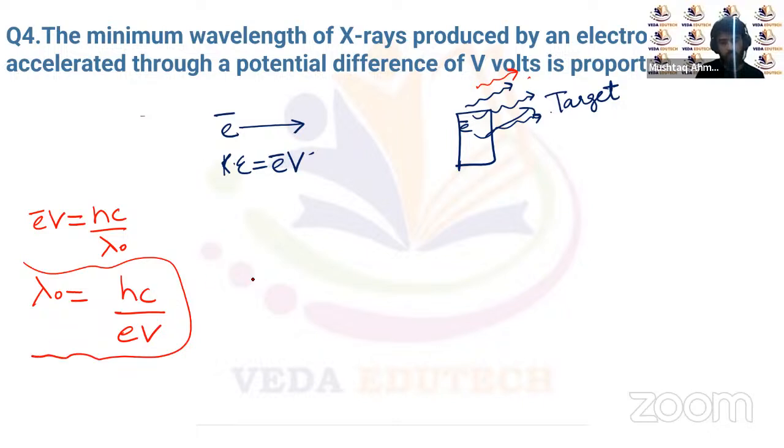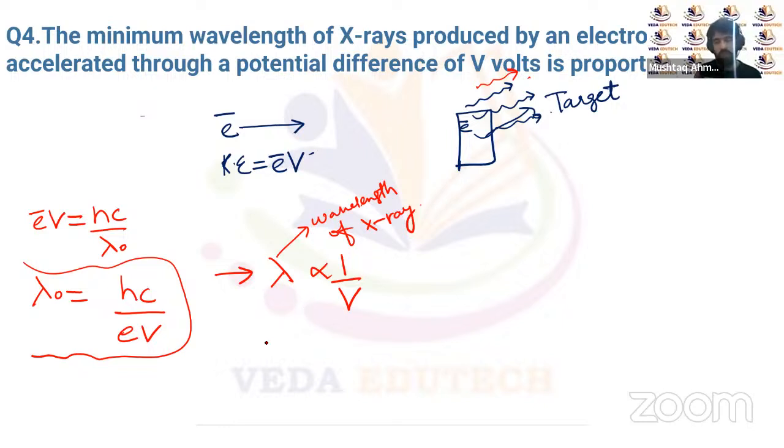Now you can see from here, the wavelength of the X-ray is inversely proportional to the accelerating potential difference. This is the wavelength of the photon, the wavelength of X-ray. Don't confuse this wavelength with the de Broglie wavelength.